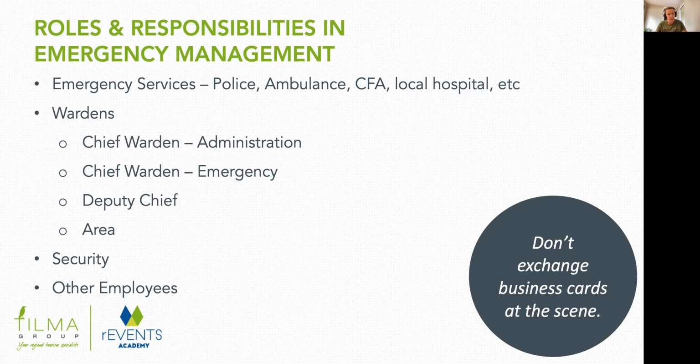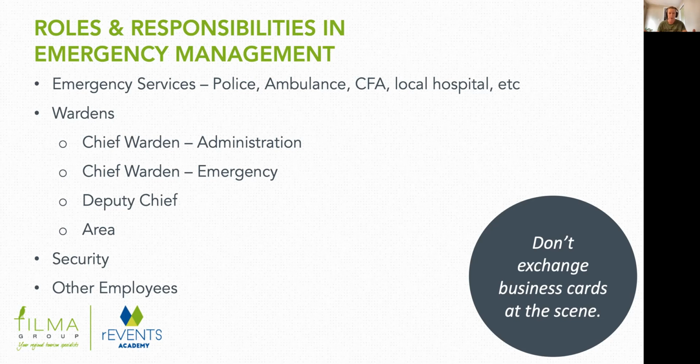They arrange any training for staff and volunteers around emergency management. They make sure that all of the systems and communications are in place. They manage any contractors around emergency services. They also do any briefings and debriefings, and they ensure that the right people are in the right spot on the site at the right times.